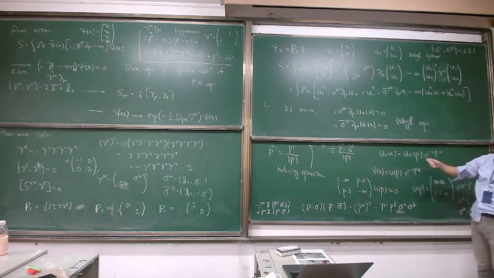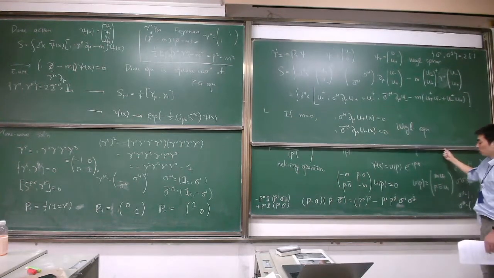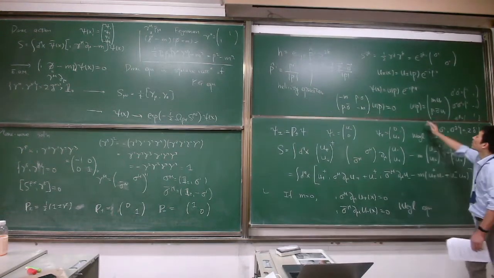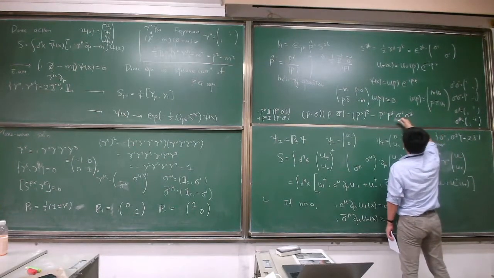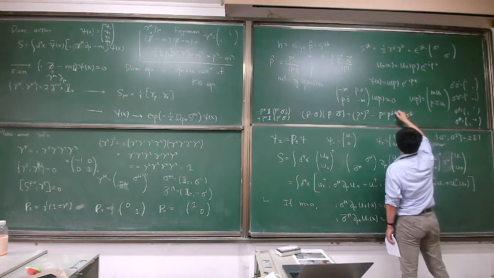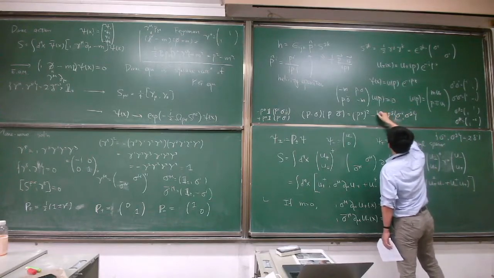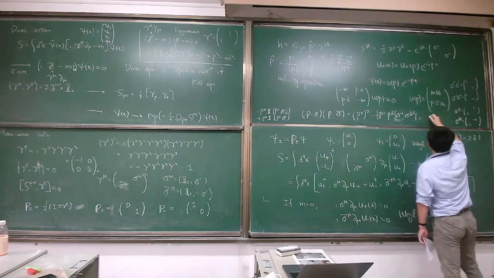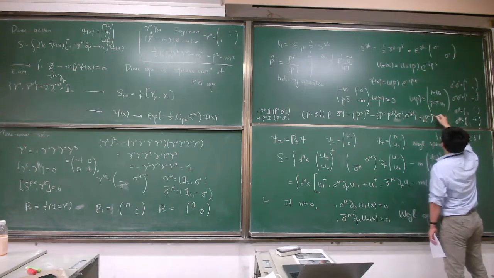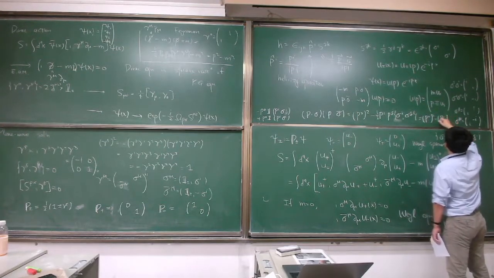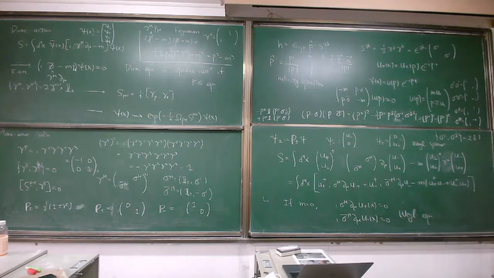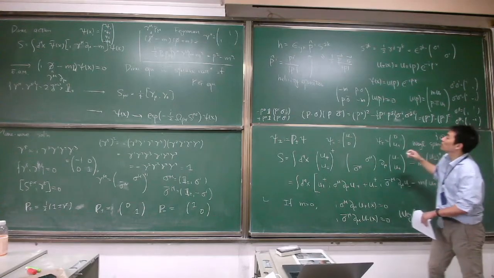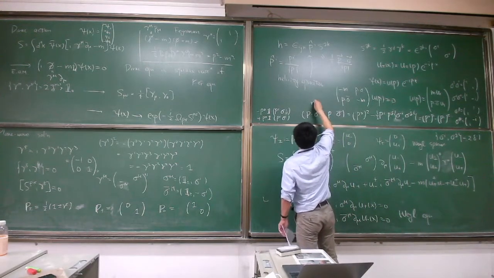So therefore, this is equal to one half of that, which gives p0 squared minus p_i squared. And so this is equal to m squared.